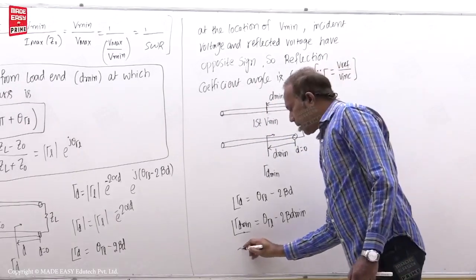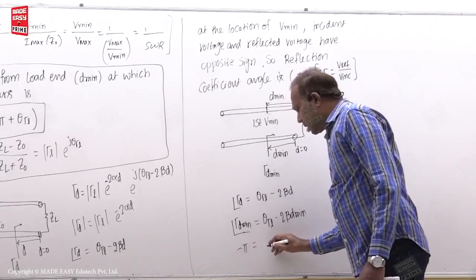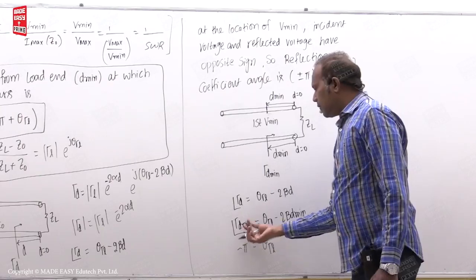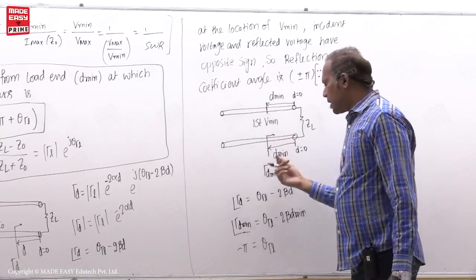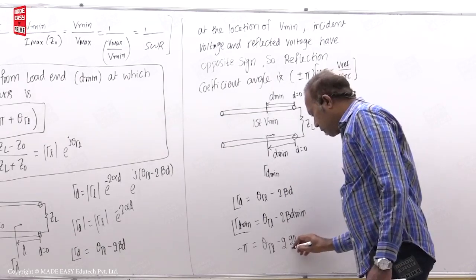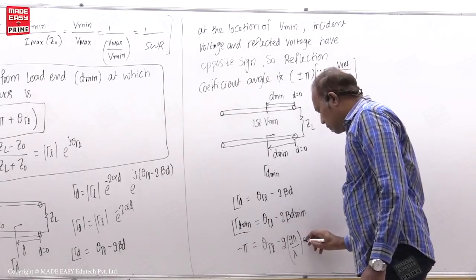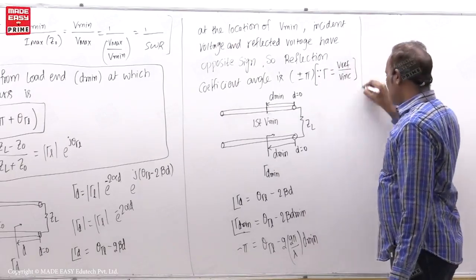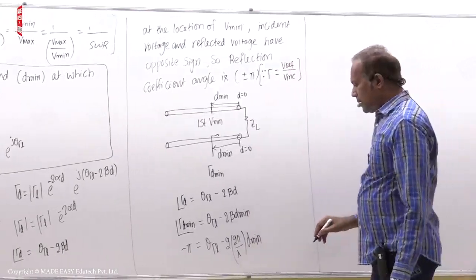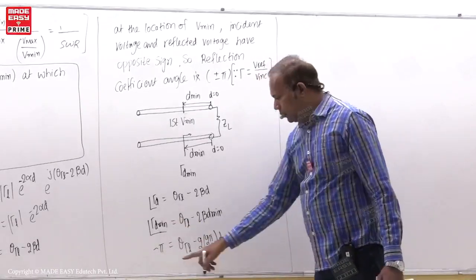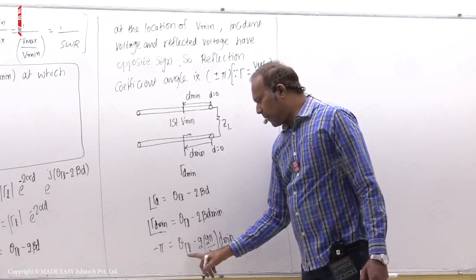So that is minus pi you are taking, then theta gamma L, because at the location of d minimum you have the first voltage minimum, that is 2 times 2 pi by lambda into d minimum. Now moving terms across, you get theta gamma L plus pi.